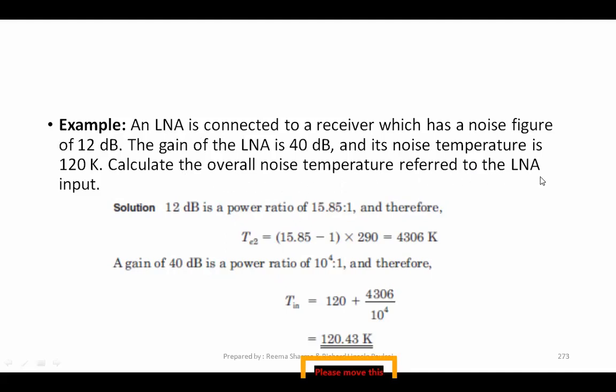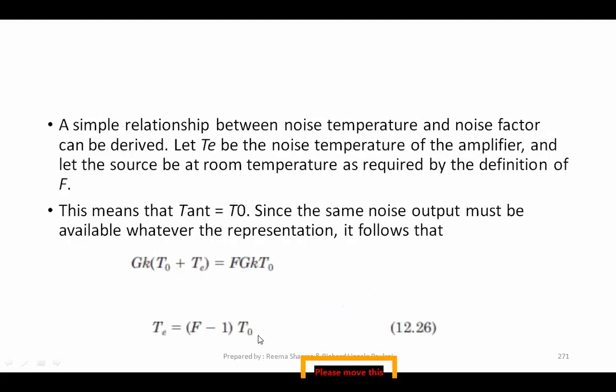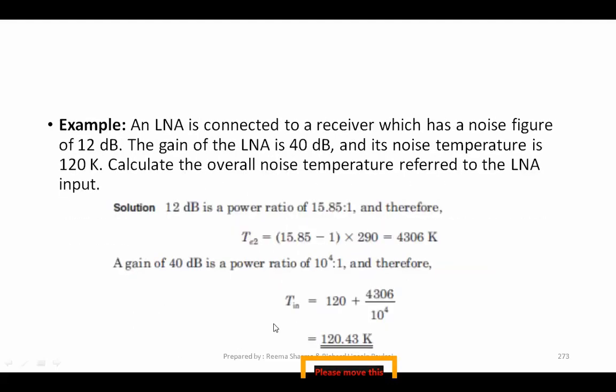As I've mentioned in the previous classes as well, you can use your formulas based on the inputs, the values that are given. So 12 dB is a power ratio of 15.85 to 1, and therefore, to convert this, your TE2 is equal to F minus 1 into T naught, which we are using.